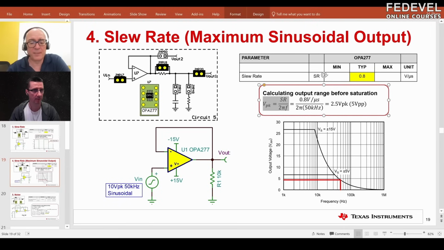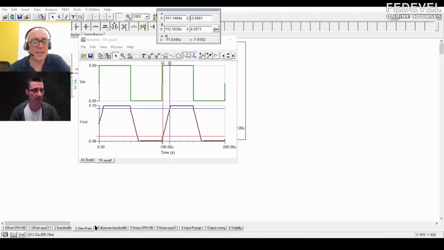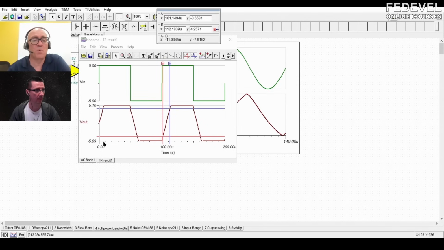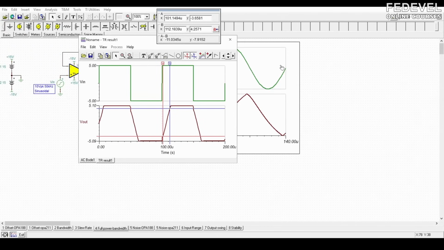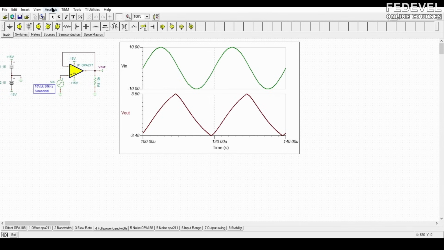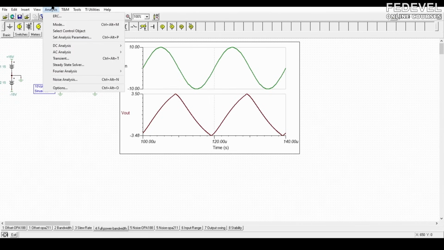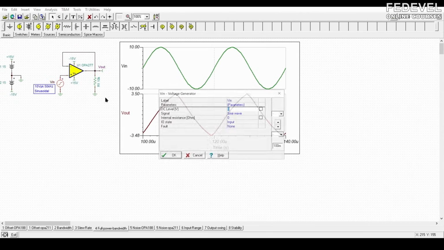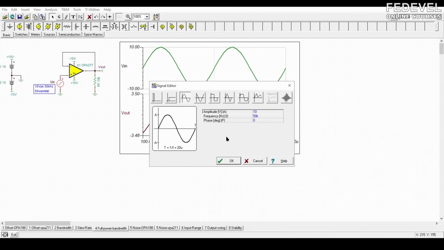So let's go ahead and look at what happens when we violate that spec. I can do a transient analysis, but before I do, let's just look at the input signal. It's a sine wave input, the amplitude is 10 volts, and the frequency is 50 kilohertz.